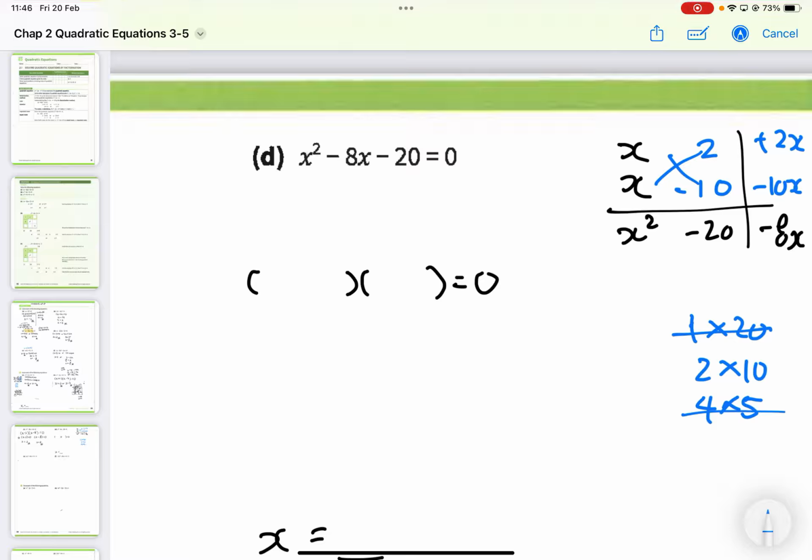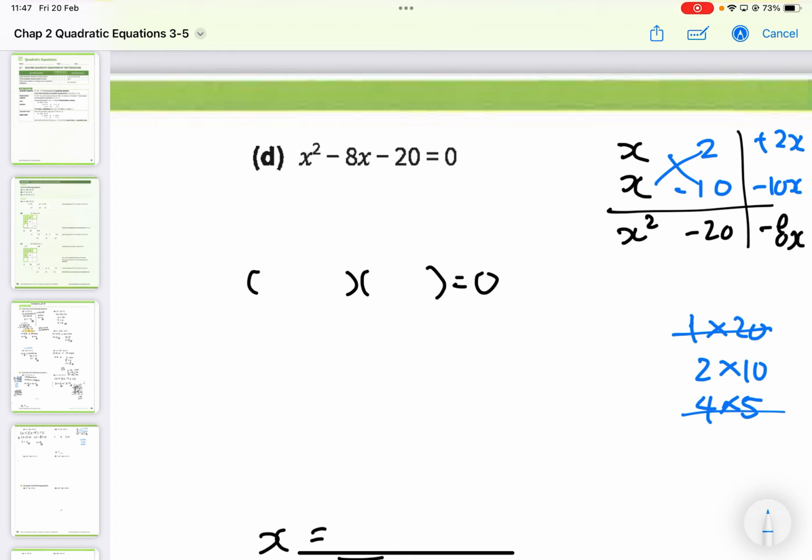Okay? Then add together, yeah, correct. Negative 8x. Okay? So the important thing is not this thing. The important thing you need to learn here is how to choose the number, how to choose the number more intelligently, and how to put the plus minus.